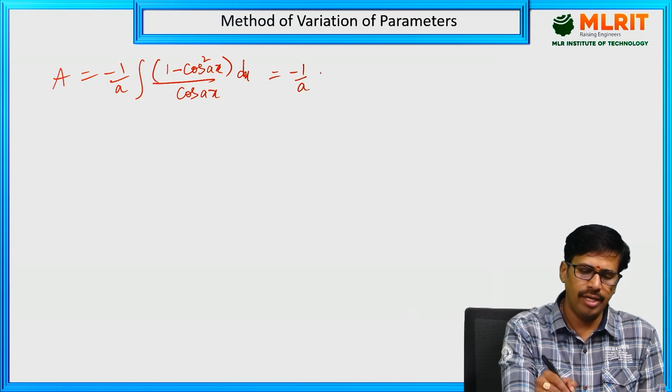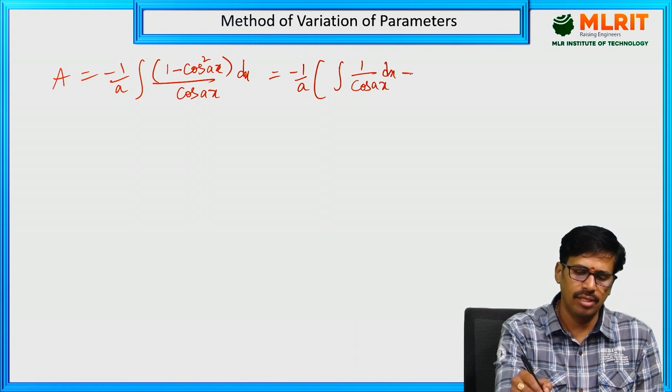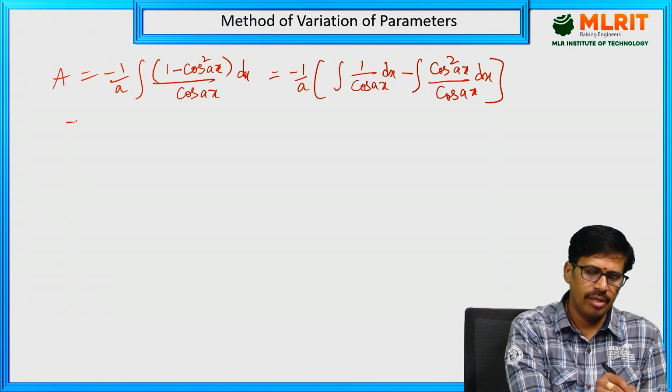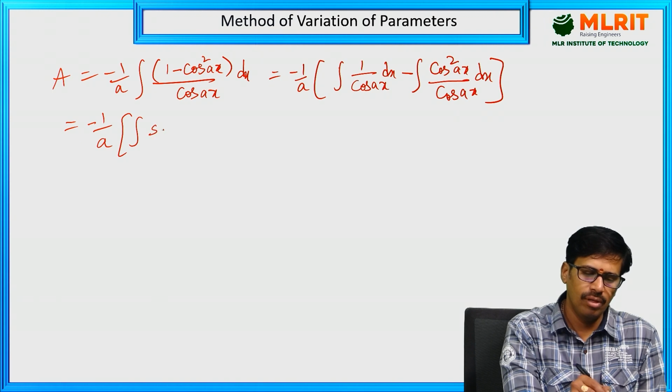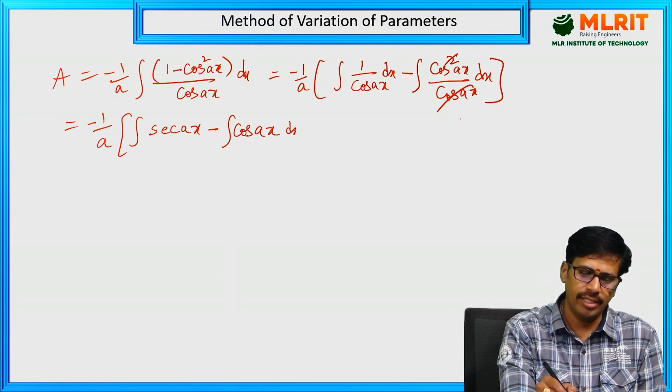So let us split this. Minus 1 by a into integration of 1 by cos ax dx, minus integration of cos square ax by cos ax dx. So this can be written as minus 1 by a into integration of secant ax minus, 1 cos gets cancelled, so integration of cos ax dx.